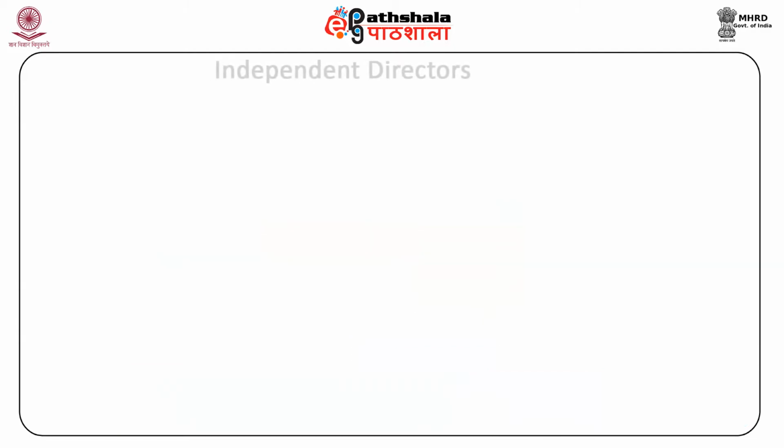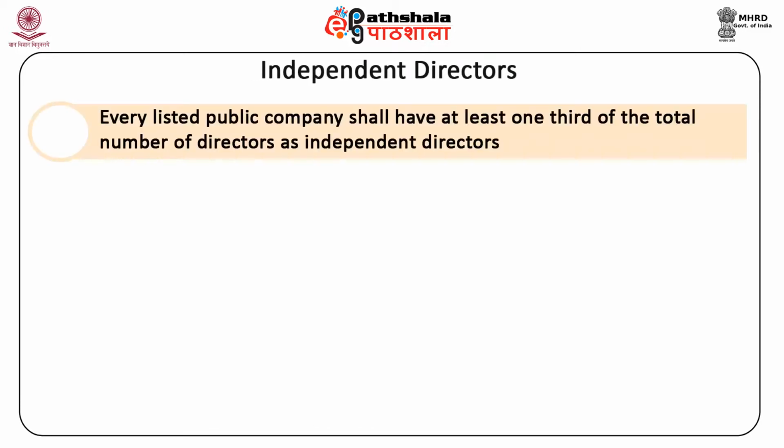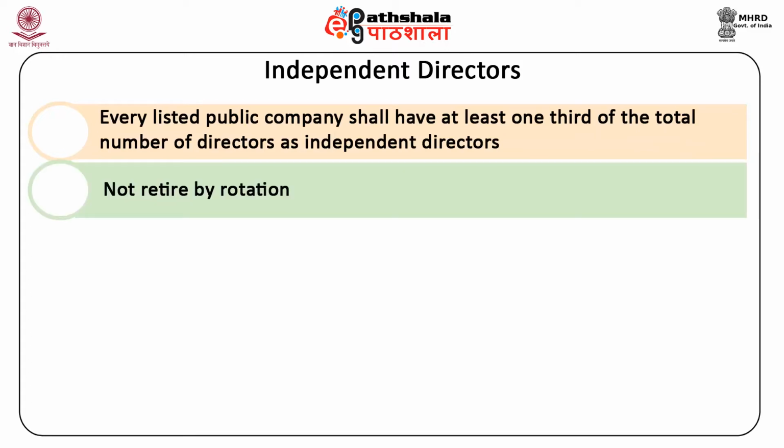Independent directors: Section 149, subsection 4 provides that every listed public company shall have at least one-third of the total number of directors as independent directors. Such directors shall not retire by rotation.